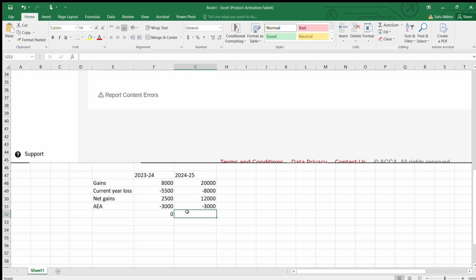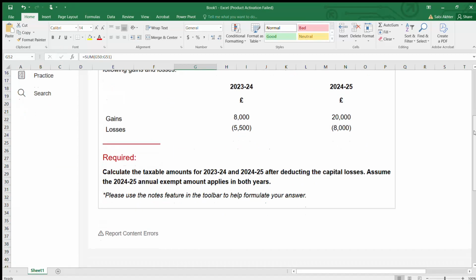And here, sum function. So 9,000. Now the losses brought forward you have to deal with. So when you are getting the losses brought forward relieved, you can't get anything relieved in 23-24 because there is nothing to get relieved, it's 0. But 24-25, yes, you have 9,000 to get relieved. So here, what is your brought forward loss? 11,000.